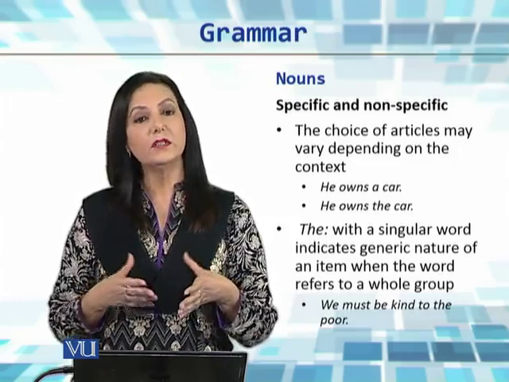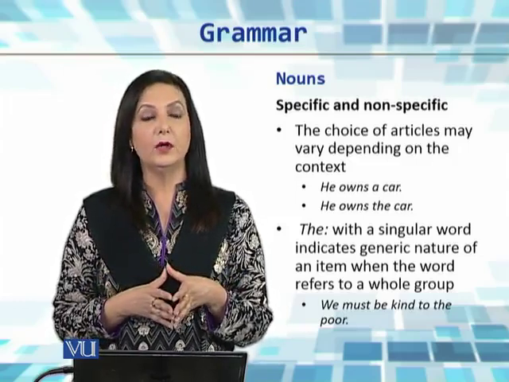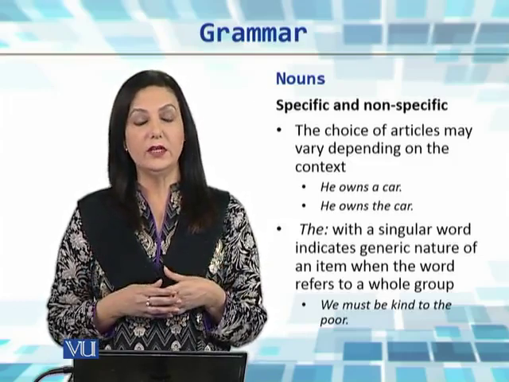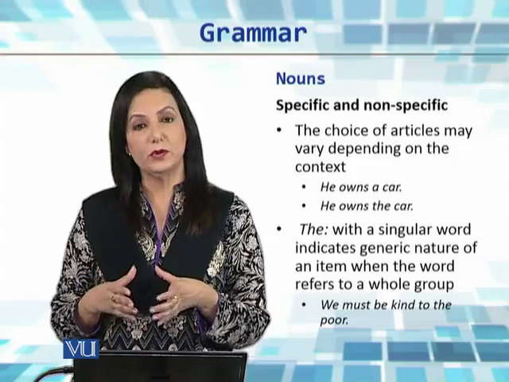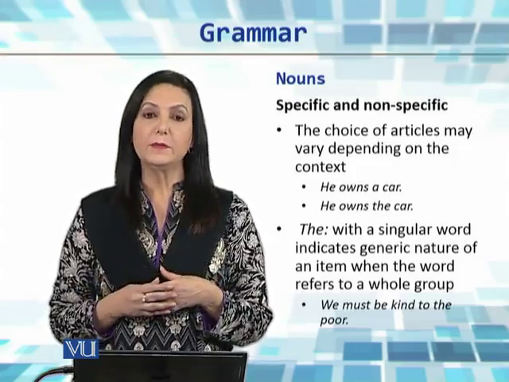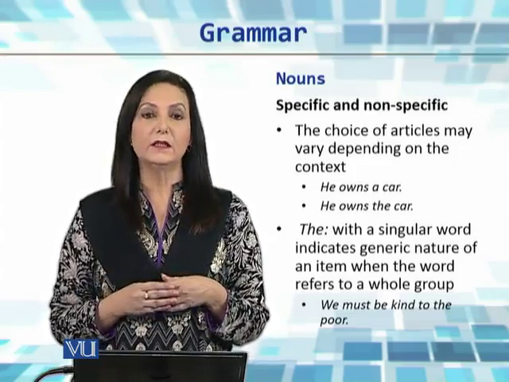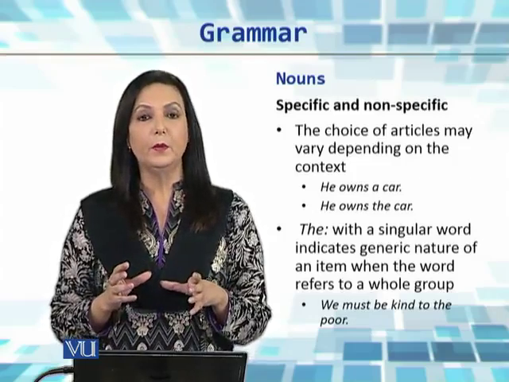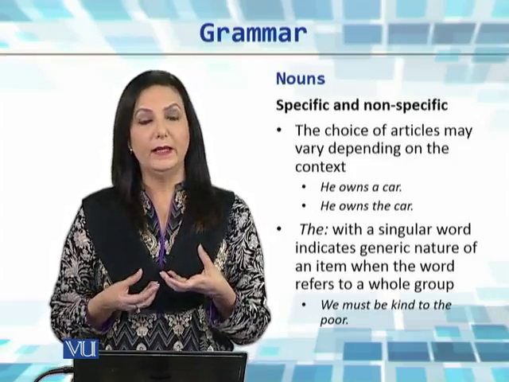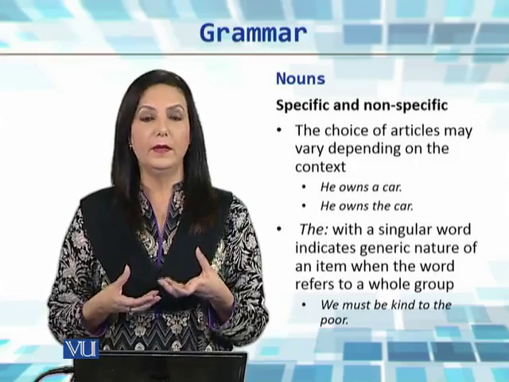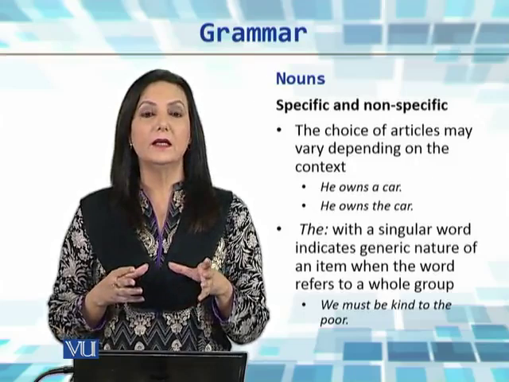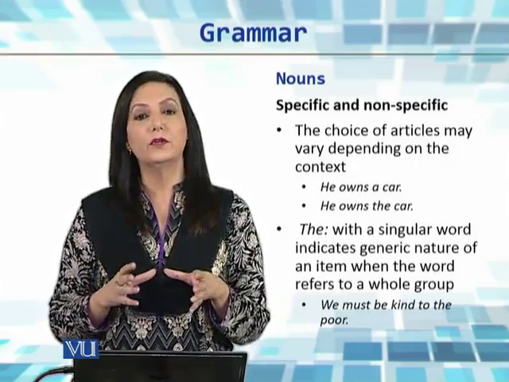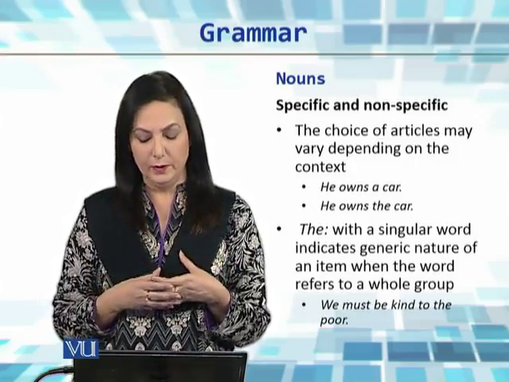The variations occur because we have rules in English, as we say all the time, but then there are as many exceptions to the rule. One of the exceptions in the use of articles is the use of the article the with a word like poor, blind, homeless, etc., which are usually adjectives, to refer to an entire group of people or things.